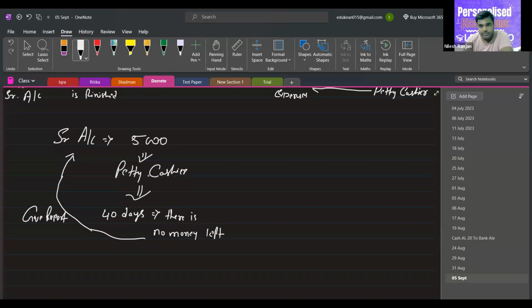Okay, so in the simple petty cash book, when the amount is finished, the petty cashier goes to the senior accountant and receives the money again.